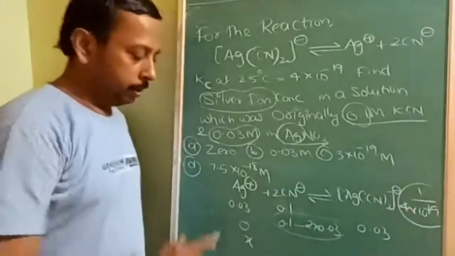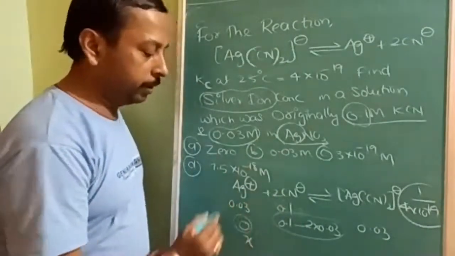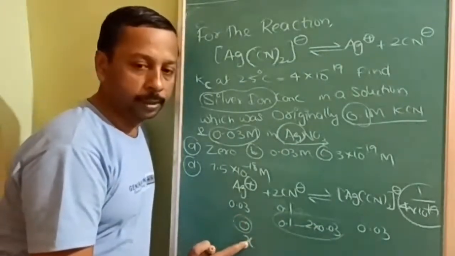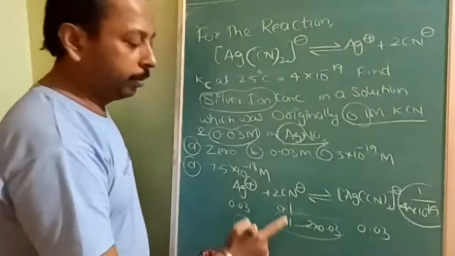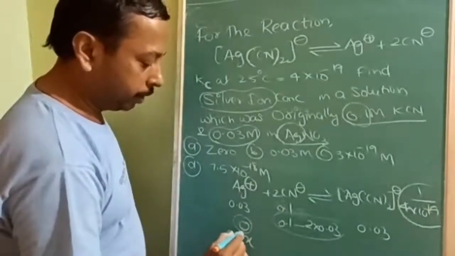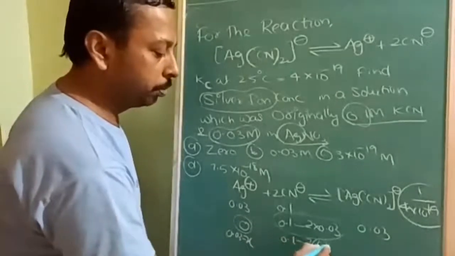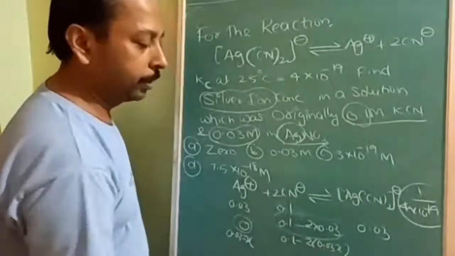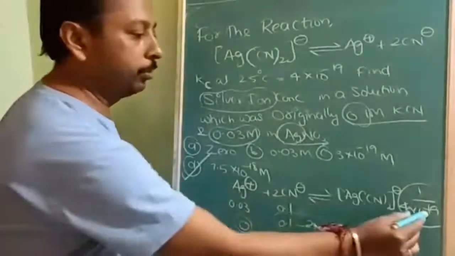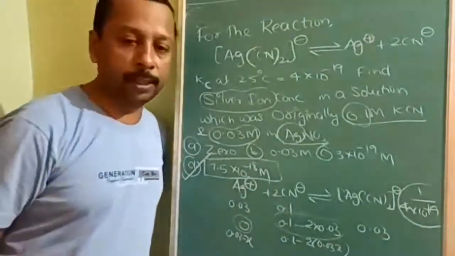Is that clear? 0.03 and 0.1 are originally present. If 100% are dissociating, that will be the option. But only x dissociated. Then this will be 0.1. Like this only you have to write. If x is left over, it is 0.03 minus x, and 0.1 minus 2 into 0.03 plus 2x. Like that you can calculate the x value. If you calculate the x value by substituting in this formula, you will get 7.5 into 10 to the power of minus 18.